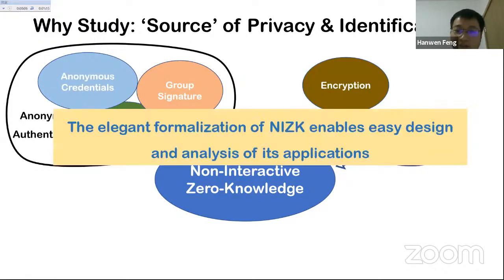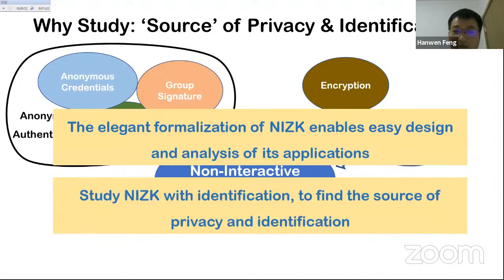The elegant formalization enables easy design and analysis of its applications. So we want to study NIZK with identification to find the source of privacy and identification, such that we can design other primitives with identification in a modular and much simpler manner, and possibly lift them to better security and more efficient constructions easily.